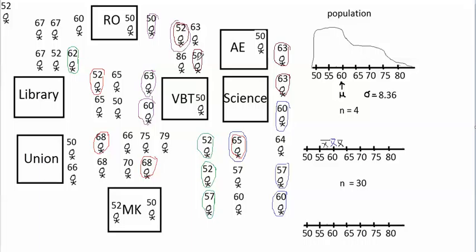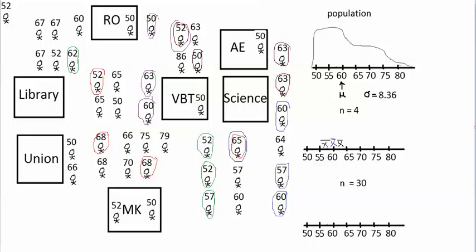If I selected a sample of 4 students from the university, I could end up getting the 4 people in the brown circles, or the 4 people in the purple circles. Those are just 2 different possible samples that could end up being selected. If I'm selecting 4 students, each possible combination of 4 people is a different possible sample that could be found.